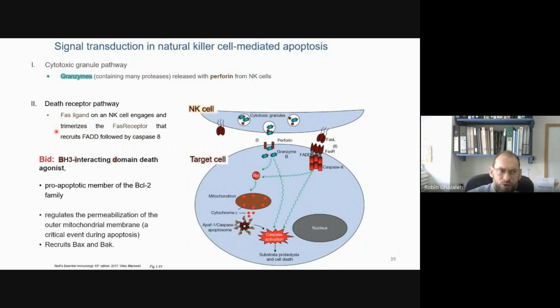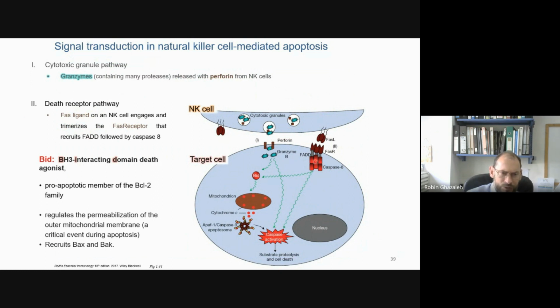So this trimerism is an unusual case. In the case of the Fas receptor, 1, 2, 3, it forms a trimer. It then recruits these death domains and then recruits caspase 8.